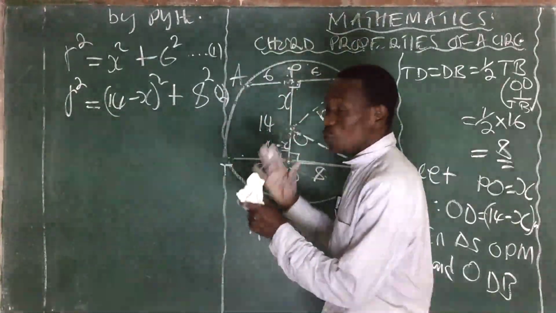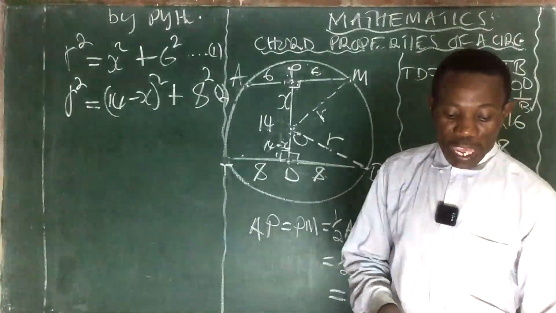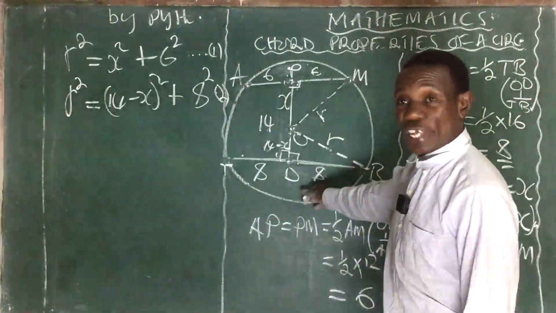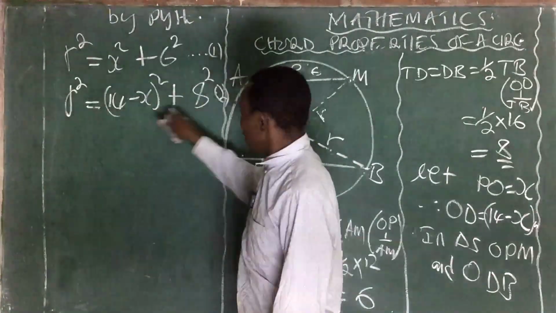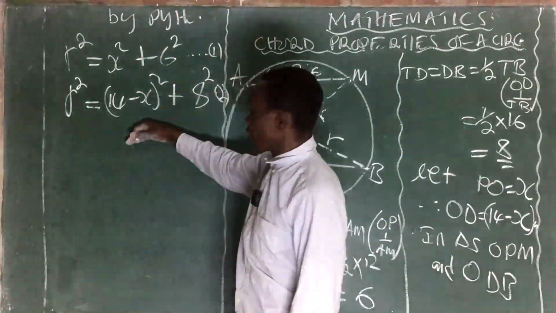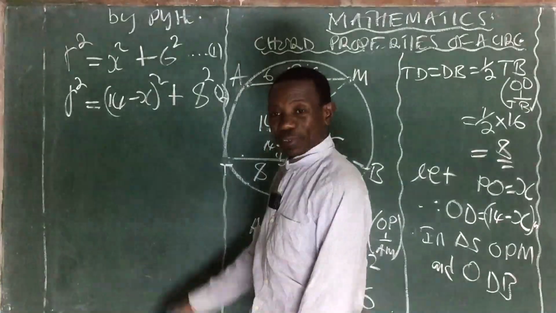The two equations are defining the square of R. Now, if R squared is this and R squared is this, what do you expect about this expression and that expression? They must be equal.